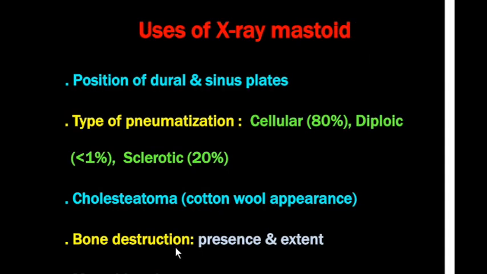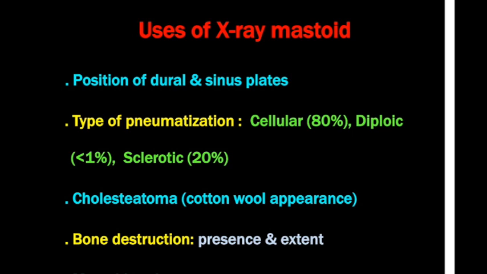Bone destruction, that is frank clear cut osteolysis, bony destruction. And sometimes there can be a big dark black space within the mastoid. That means a lot of air with no bony septa, no cholesteatoma, nothing. That means it is a huge cavity, a very big cavity with no intervening bony septa.